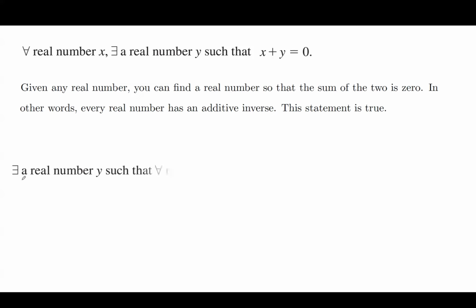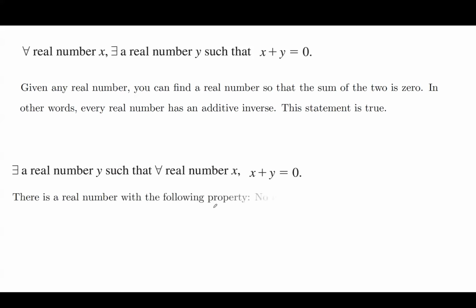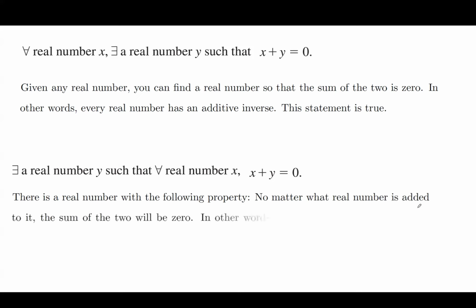What if I write it this way? There is a real number y such that for any real number x, x plus y is equal to 0. So you should be careful about the order that you write the quantifiers. This says there is a real number with the following property: no matter what real number is added to that number, the sum of the two will be 0.